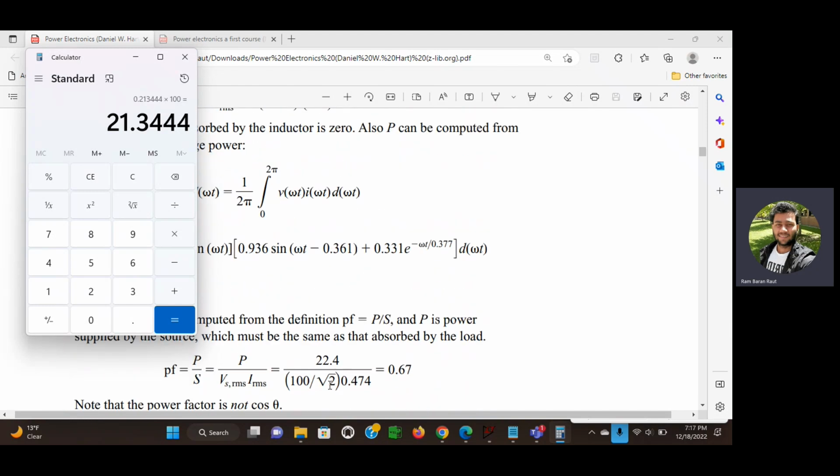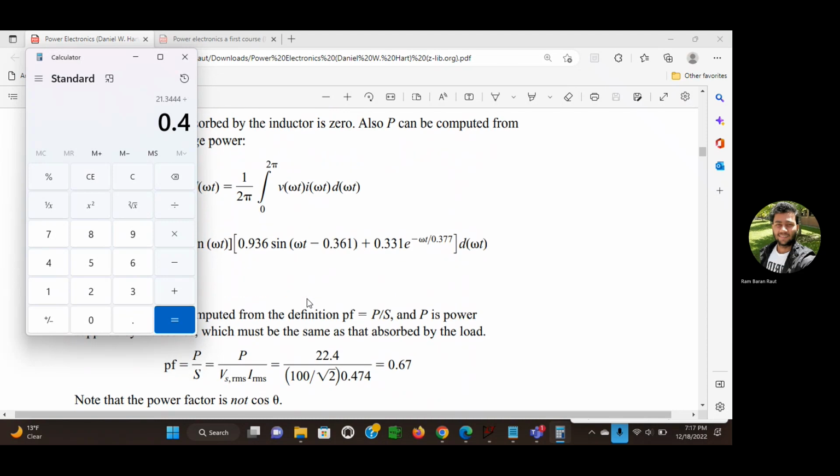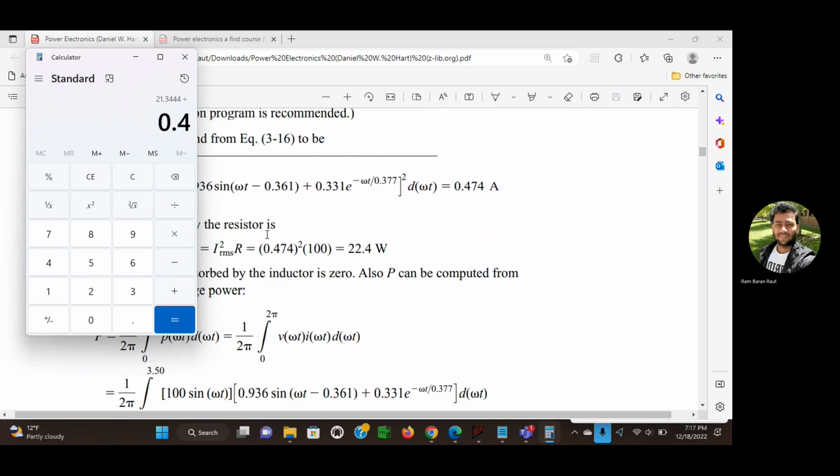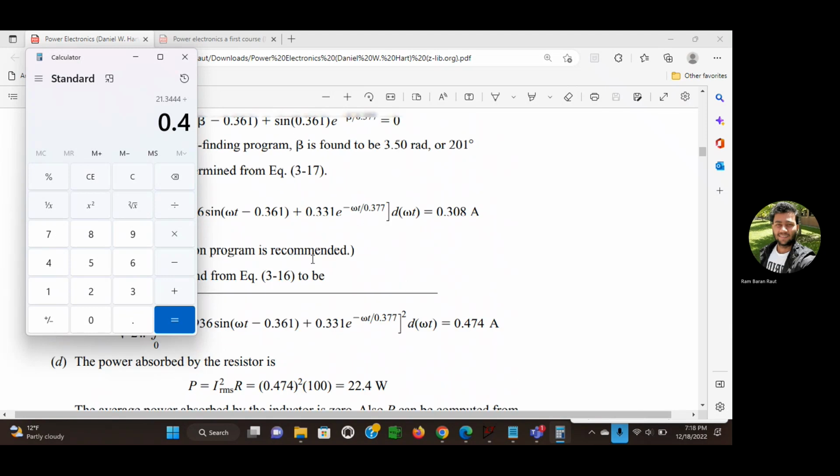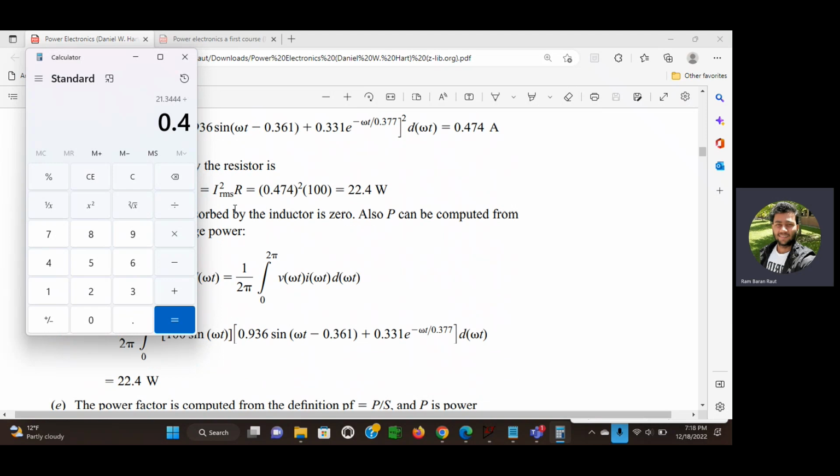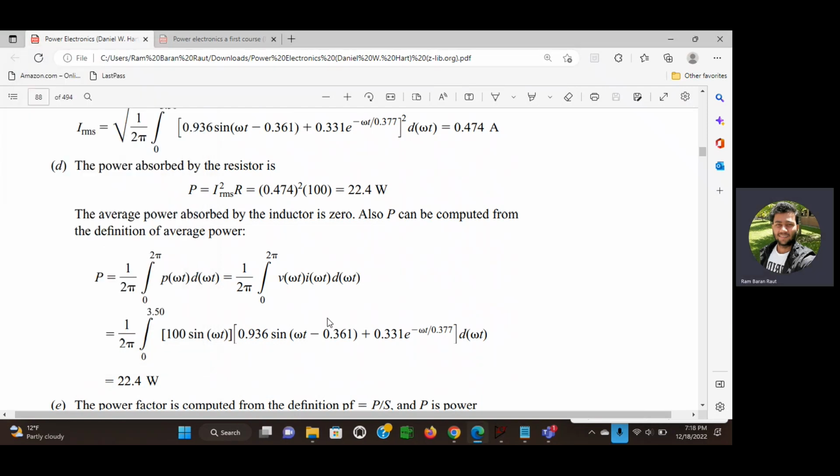To find the power factor, we are going to use this relation. 0.462 divided by 0.462 divided by 100 divided by the square root of 2.